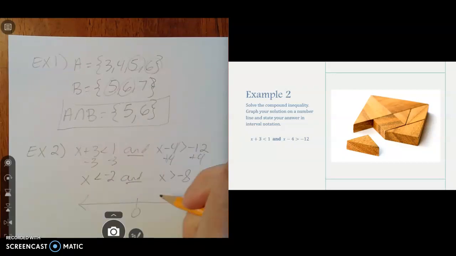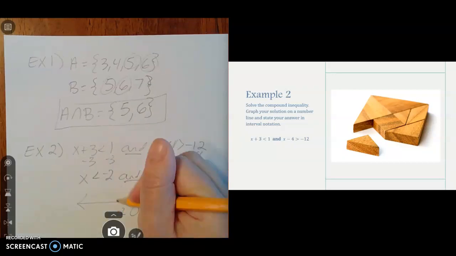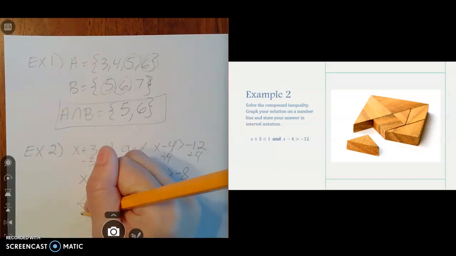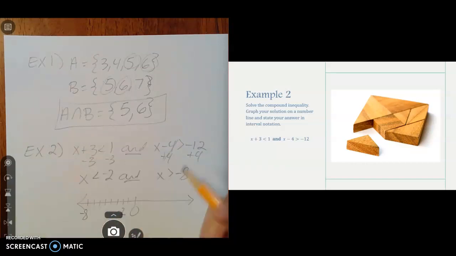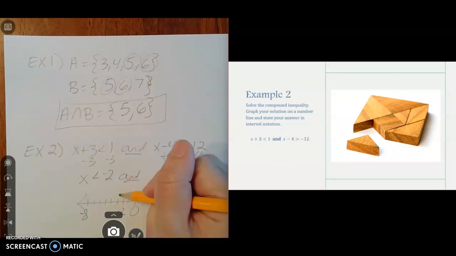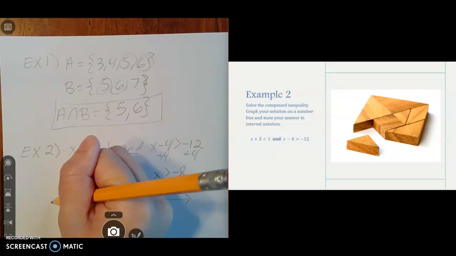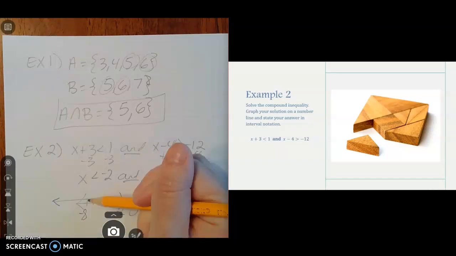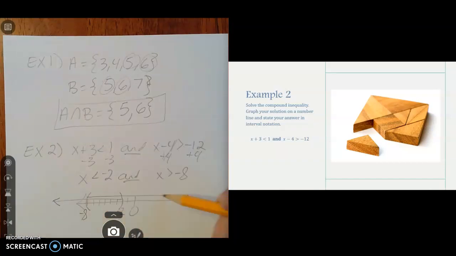Here's 0, there's negative 2, negative 3, 4, 5, 6, 7, and there is negative 8. If I'm graphing x is less than negative 2, I would have a parenthesis at negative 2, and I'd go to the left. If I'm graphing x is greater than negative 8, I would have a parenthesis at negative 8, and I would go to the right.